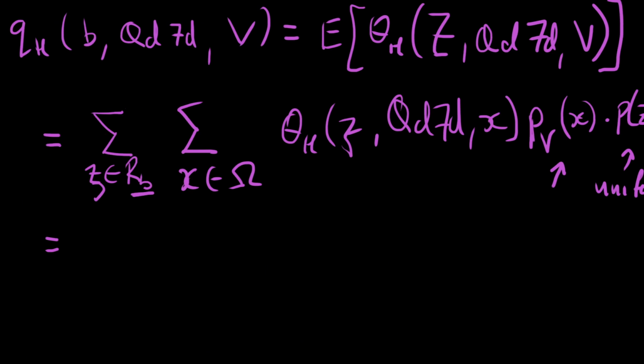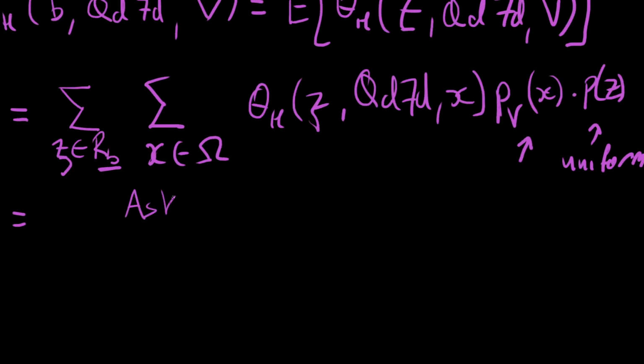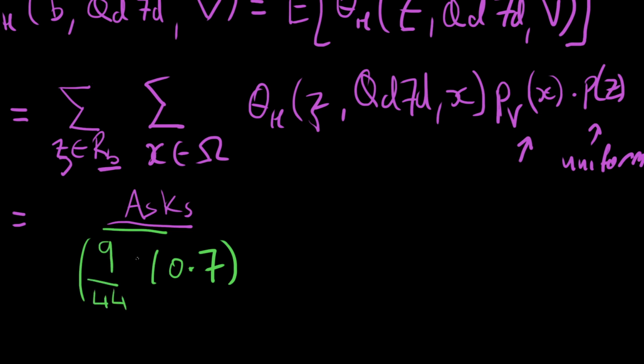Then we see that for the situation where villain has the ace of spades, king of spades, that happens 0.7 of the time, so 70% of the time, and hero will win on 9 out of the 44 different river cards.